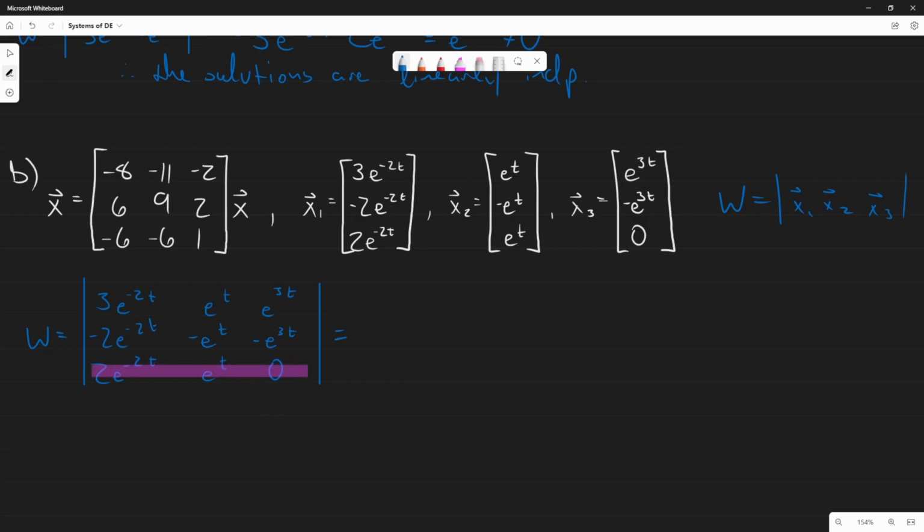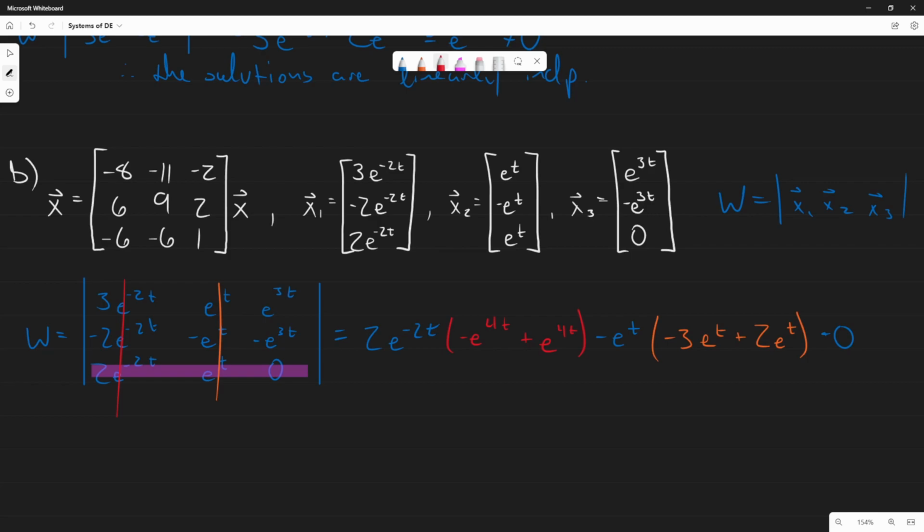The first one will be 2e to the negative 2t, multiplied by e to the t times e to the t, so it'll be negative e to the 4t, minus a negative, so plus negative e to the 4t, then minus e to the t times negative 3e to the t, minus a negative, plus 2e to the t, and then plus 0.